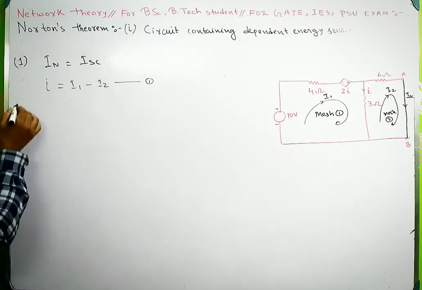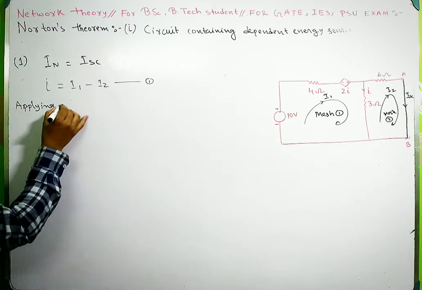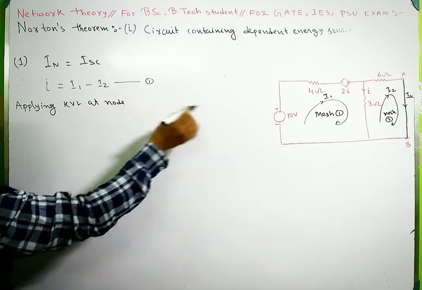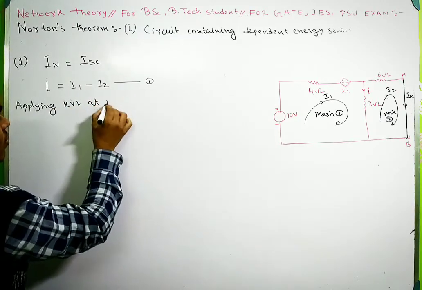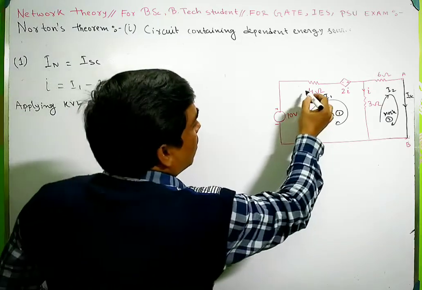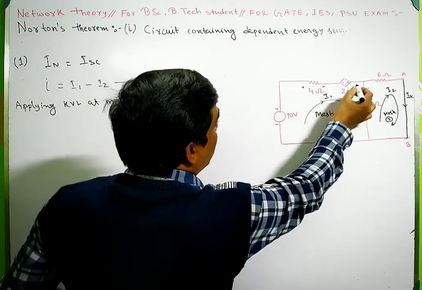Now applying KVL at mesh 1, this is the direction, so this is plus minus minus plus.